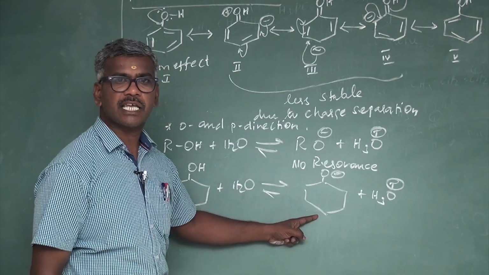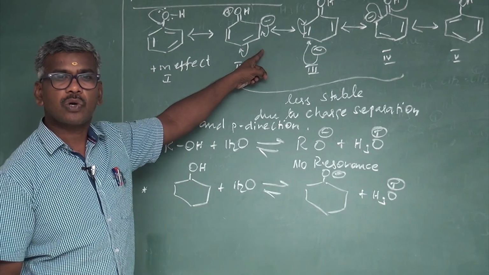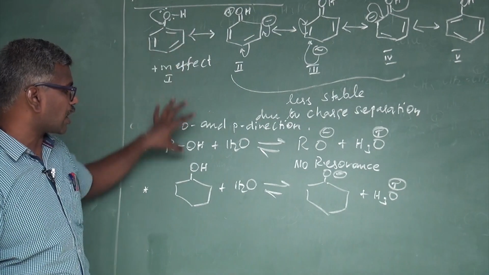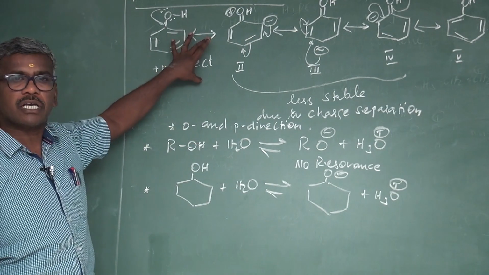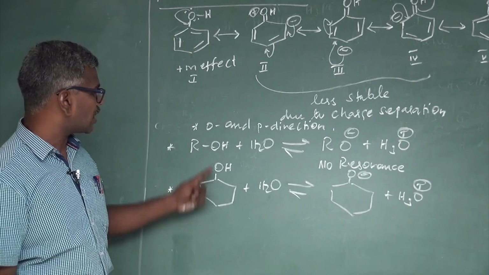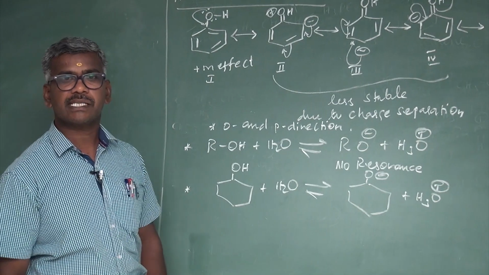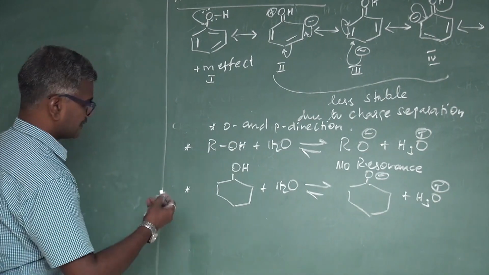Here no resonance takes place, but in the benzene ring the pi electrons are delocalized. So comparatively, aromatic alcohol is 1000 times a stronger acid than aliphatic alcohol and cyclohexanol. Another one is stability of phenol.